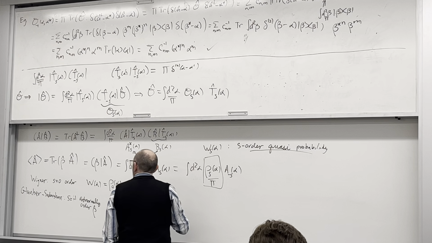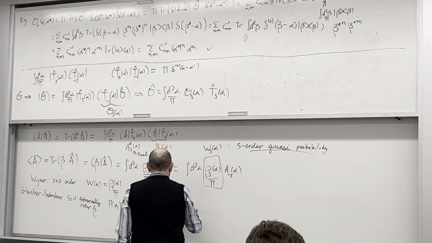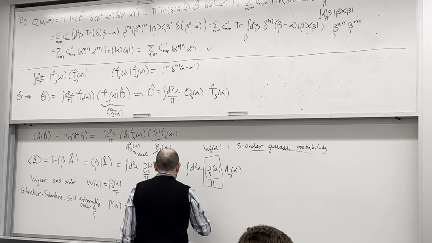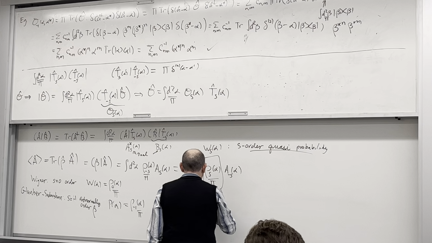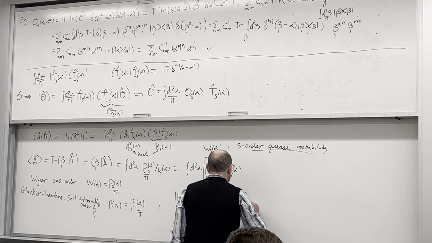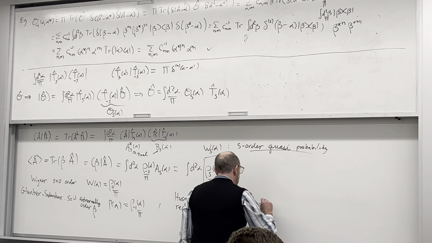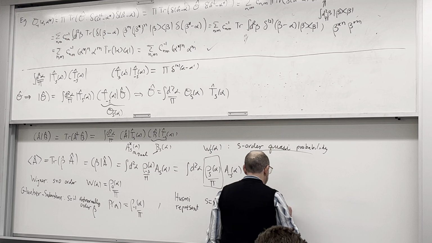And the Husimi representation is S equals 1, the normally ordered representation of rho. And we call that the Q function.